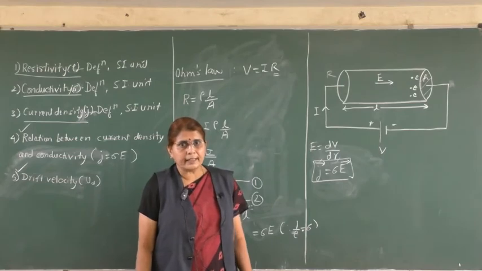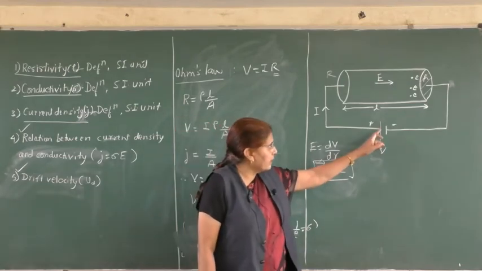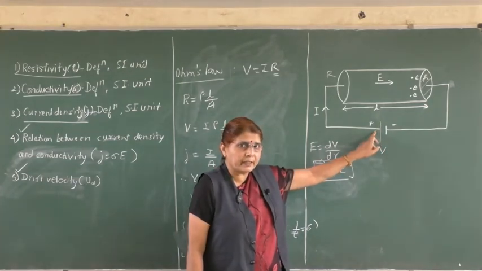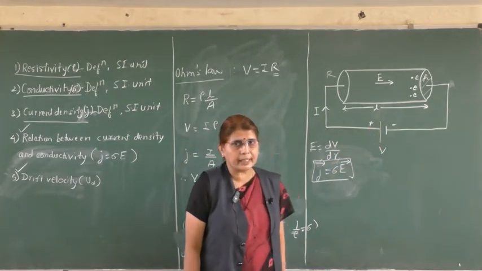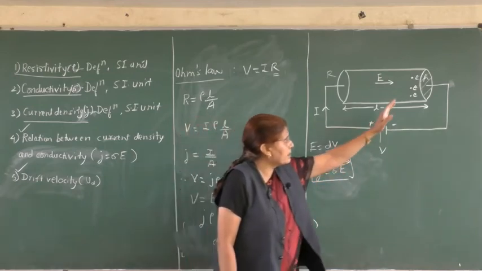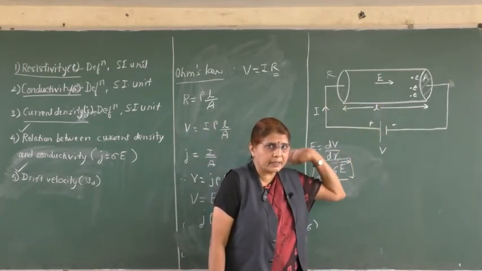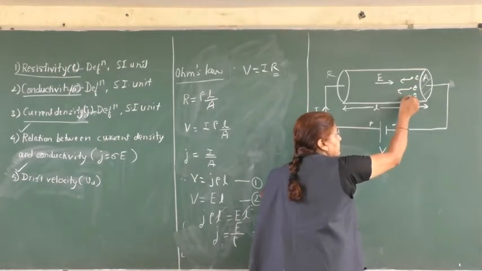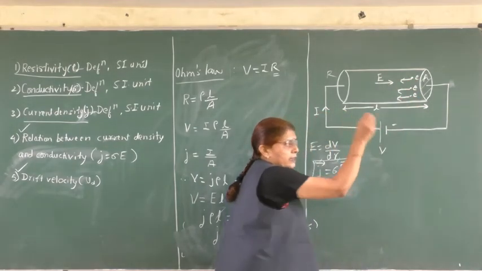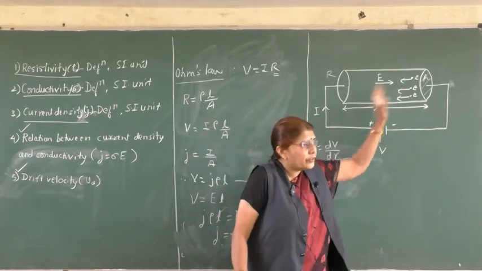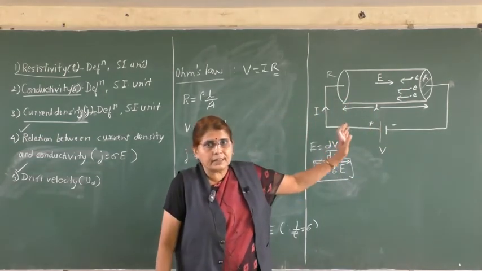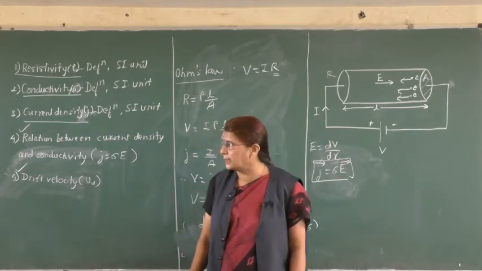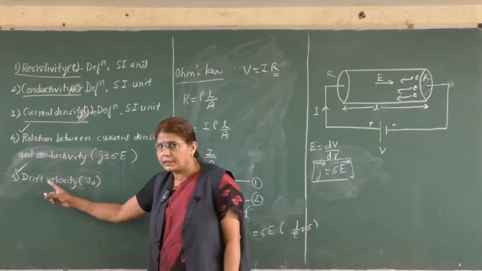You know electrons are negative. So when electrons are negative, they are attracted by the positive terminal of the battery. So in which direction are they going to move? They are going to be dragged towards the positive terminal. So they move in this direction. They are drifted or dragged towards the positive terminal of the battery with a certain velocity, and that velocity is called drift velocity.